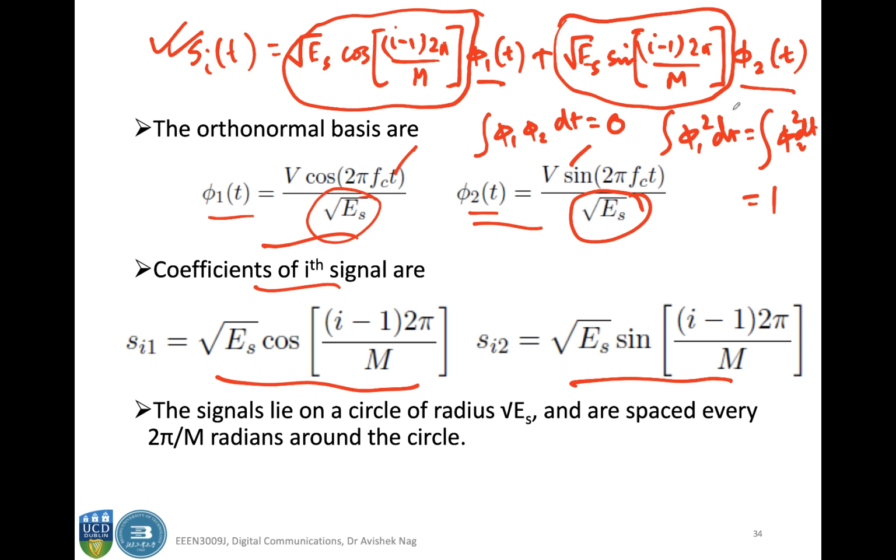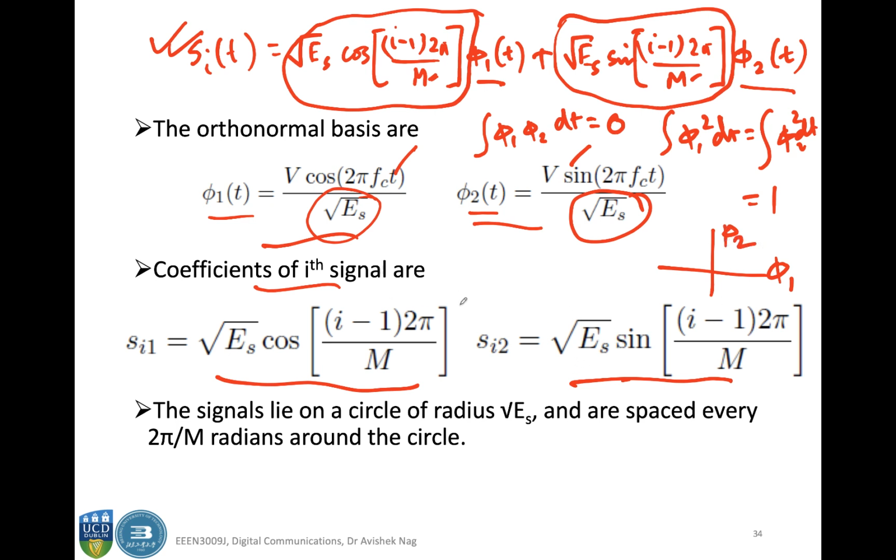In QPSK, you could represent the four signals using two orthonormal basis functions. Here also you can do the same. Whatever the value of M, you can represent all the M signals in a 2D space defined by phi 1 and phi 2.